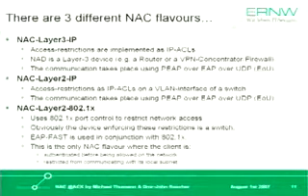And then there's the third one, which, if you ask me, is actually from a security point of view my favorite one, which is NAC Layer 2 802.1x. As the name says, it uses 802.1x port control to restrict access to the network. Obviously, 802.1x you usually do on switches, not on VPN devices or routers.